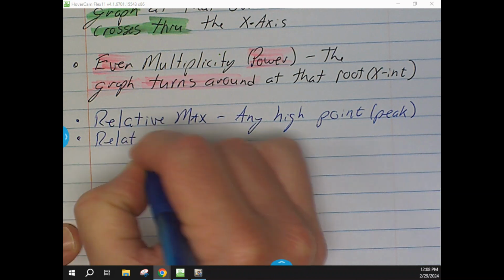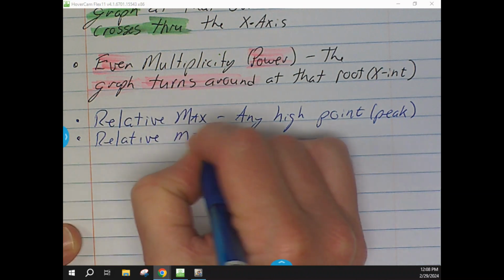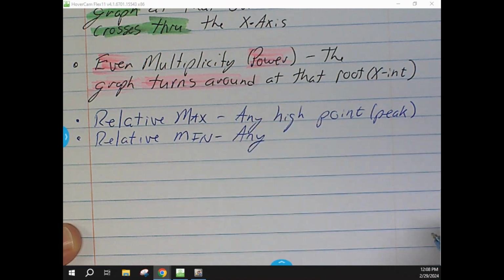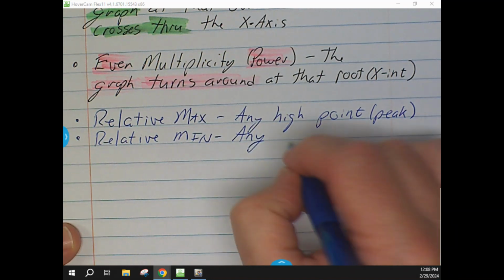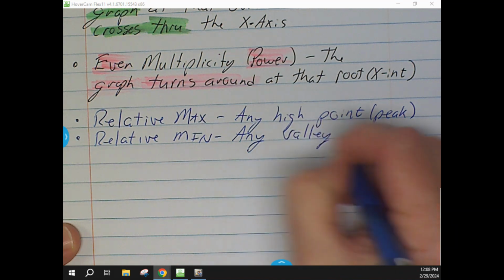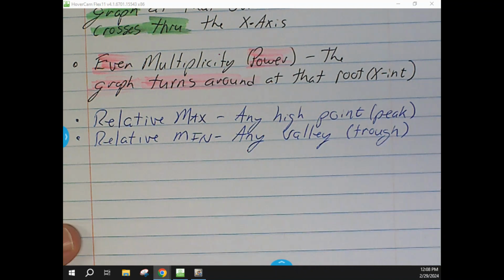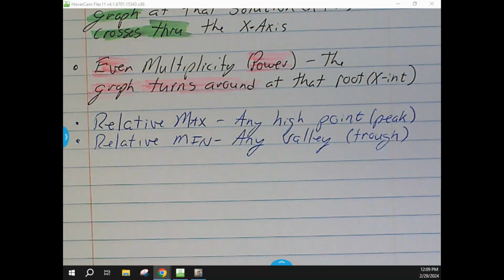And if you have a relative minimum, that's any valley, any trough, I think is what we said. So any high point on the graph, that's a peak, that's a relative maximum. Any low point, any valley, that's a trough, that's a relative minimum. Not a big deal, but some of these they'll talk about any relative maximum or minimum, and it's easy to see when you look at the graphs.